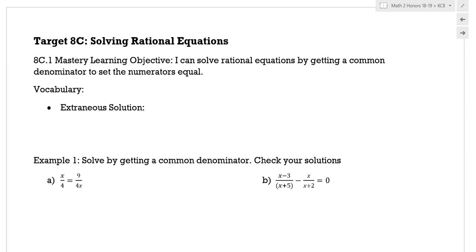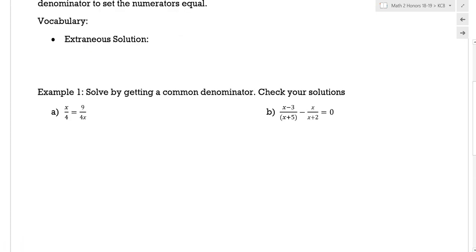Okay? So one piece of vocabulary, extraneous solutions. So what are extraneous solutions?